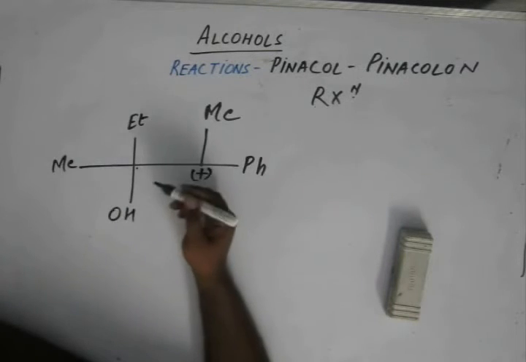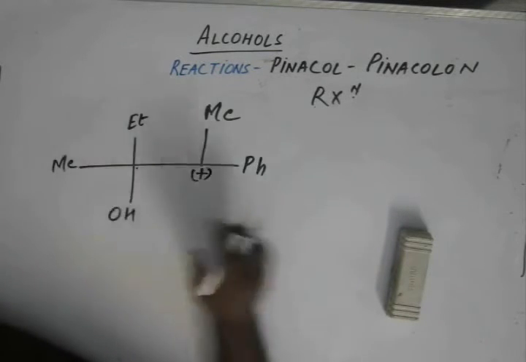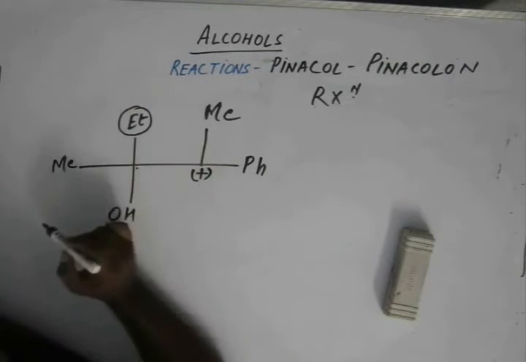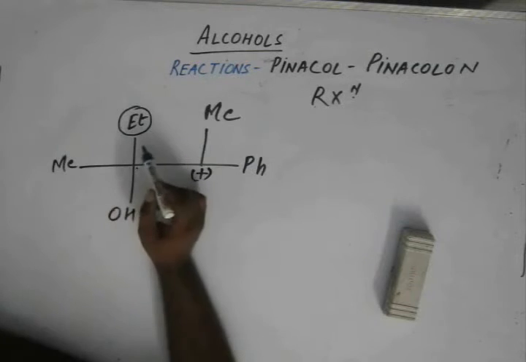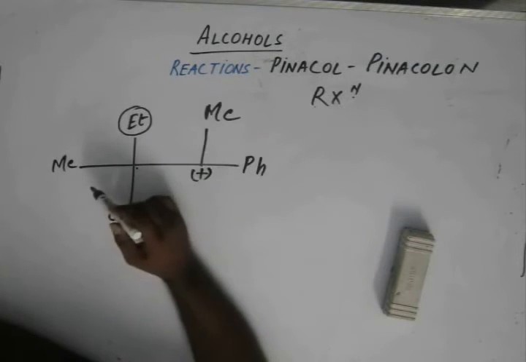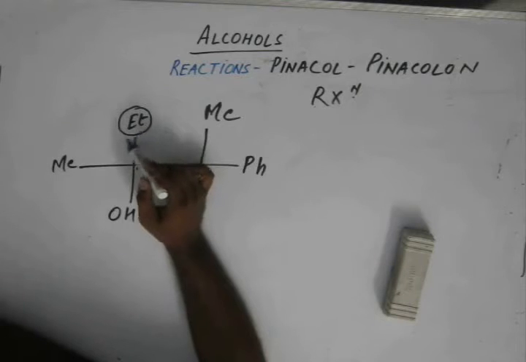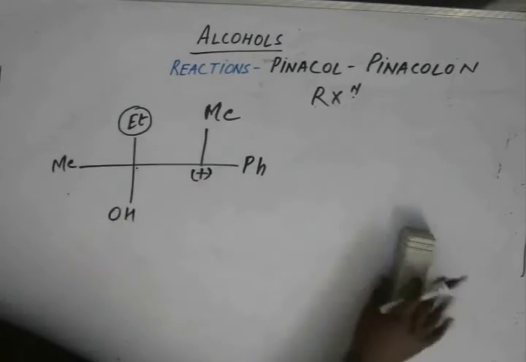Now it will be followed by a 1,2 rearrangement. Whether Et will be migrating or Me, this is the question. So Et will be migrating because it has more charge density as compared to Me.